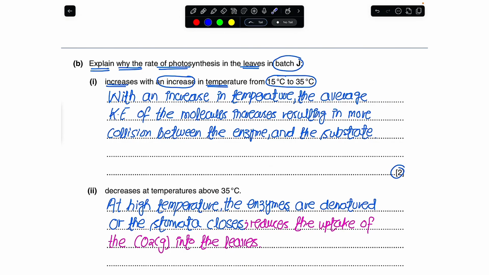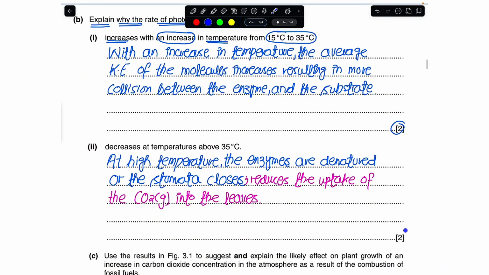The other valid point could be that when the temperature is increased, the uptake of carbon dioxide would be enhanced. Why? Because an increase in temperature would result in more diffusion of carbon dioxide into the leaves, and ultimately more carbon dioxide would be used in photosynthesis, and the rate of photosynthesis would increase.